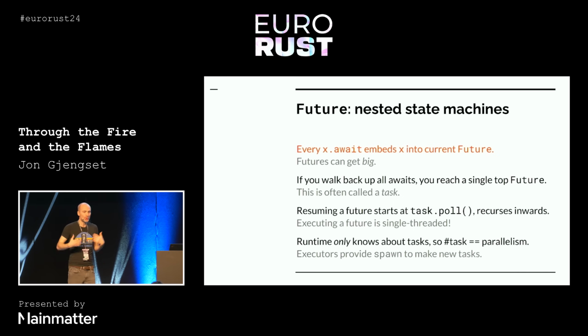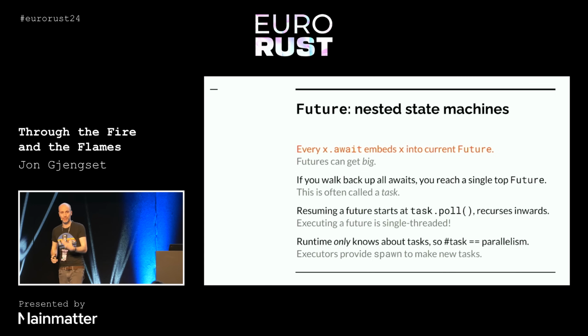So you might go, well, OK, how do I get parallelism? And what about concurrency? And the two are different. The runtime only knows about tasks, these top-level futures. And so the way that you get parallelism with asynchronous code is that you have to be able to tell the runtime about a future that you want to sort of hoist up. You want to make it be a top-level task.